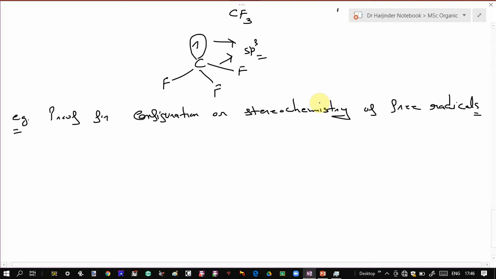Another thing is we can also provide proof by chemical reactions.